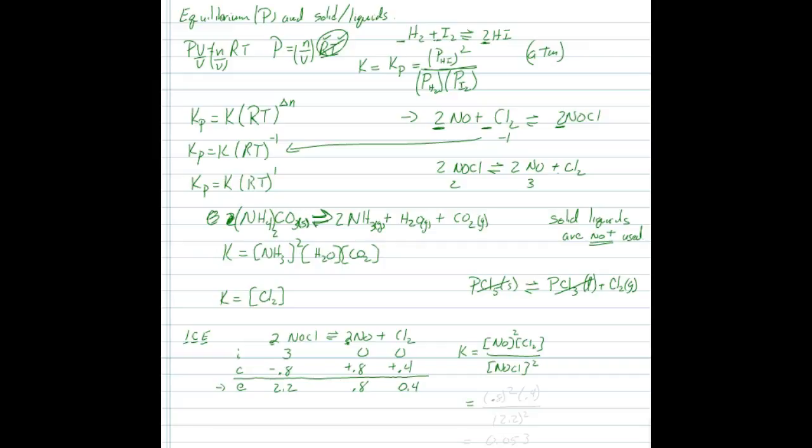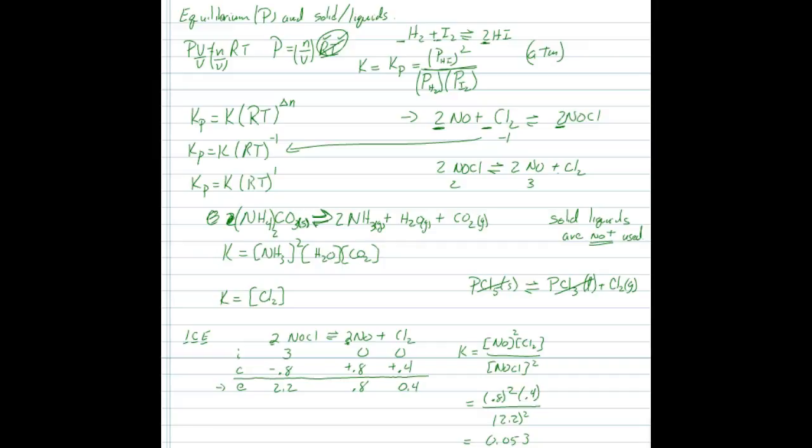So that's equal to 0.8 squared times 0.4 divided by 2.2 squared, which comes out to be a value of 0.053, which definitely would favor the reactants. So this would not be a very good equilibrium expression for producing NO or Cl2.